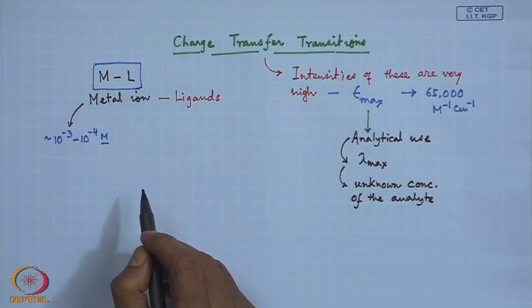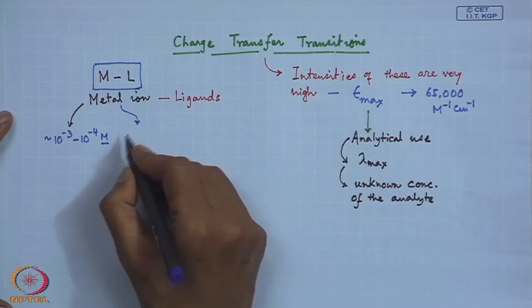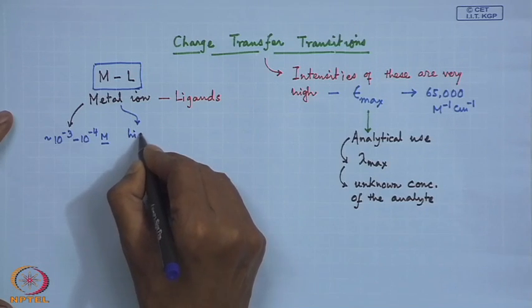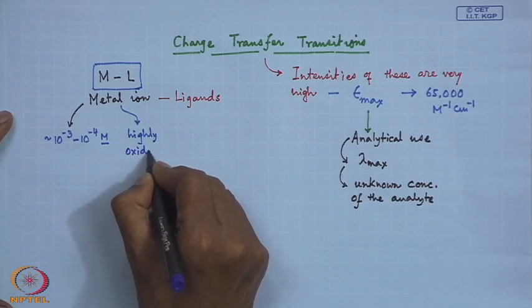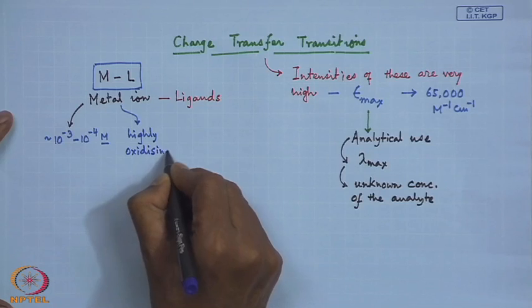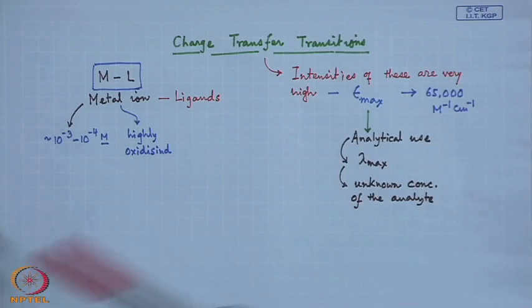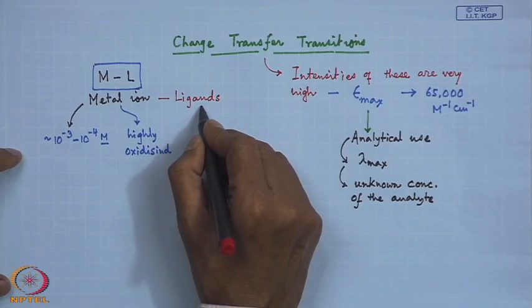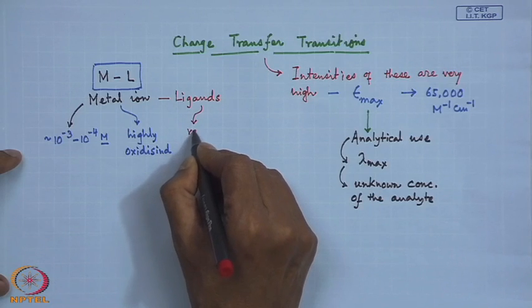So, if we see one particular case, where metal is bound to the ligand system, the metal ion is highly oxidizing, and the ligands attached to these metal ions are reducing in nature.